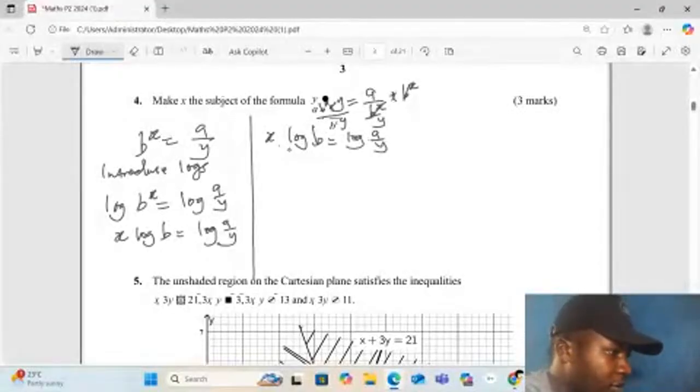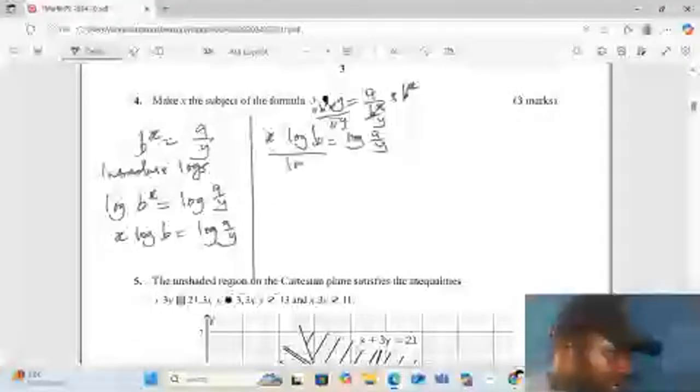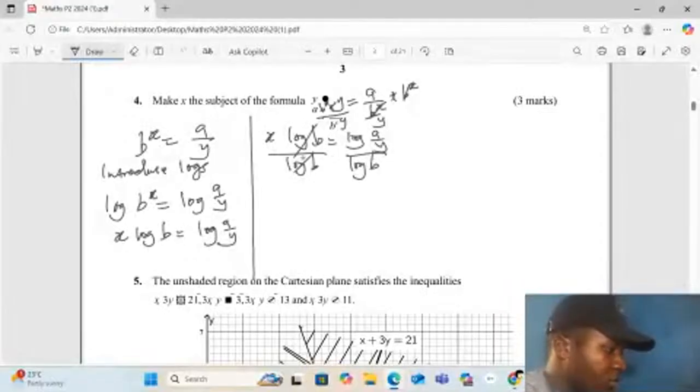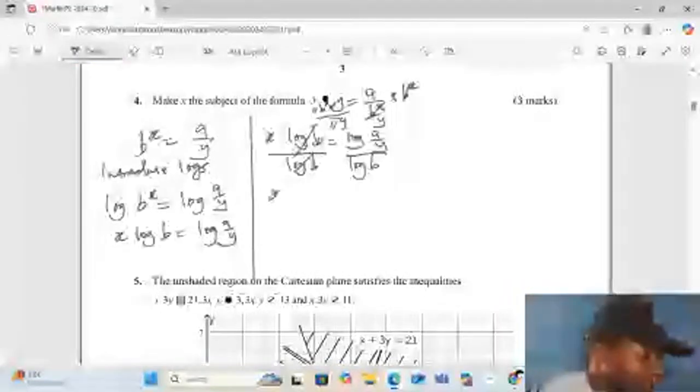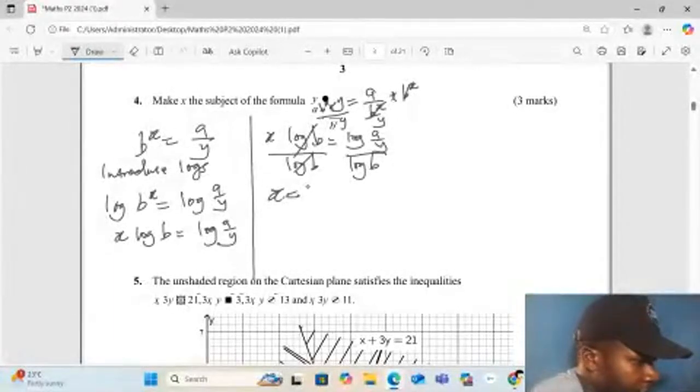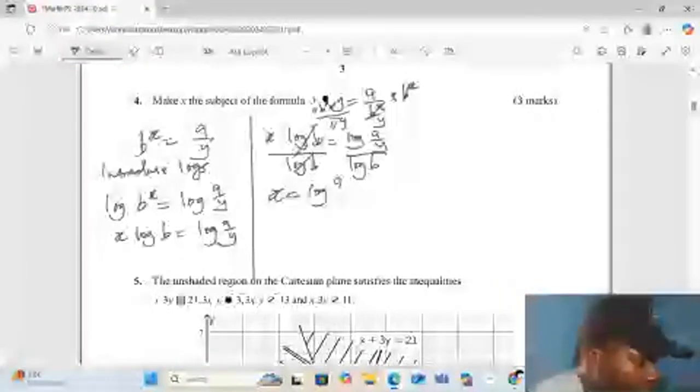Therefore, we divide both sides by log b, log b divided by log b, so that we remain with x. So x becomes log a over y, divided by log b.